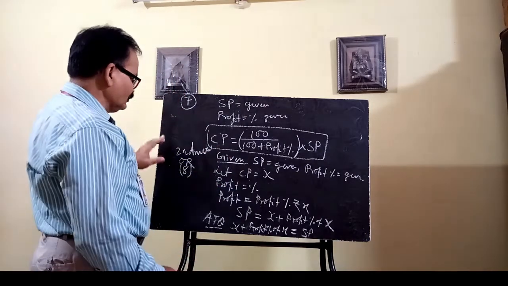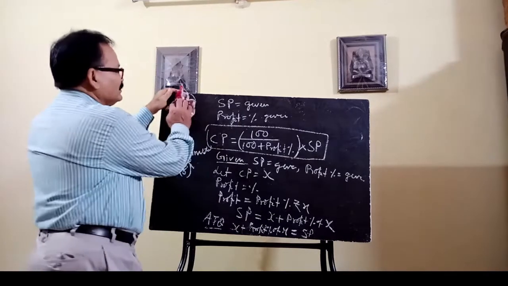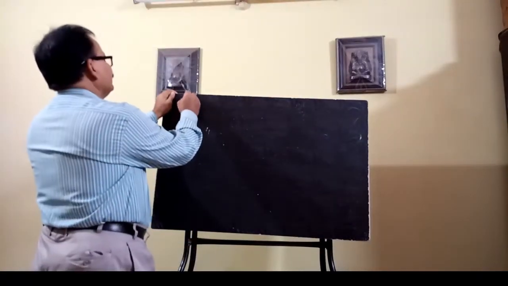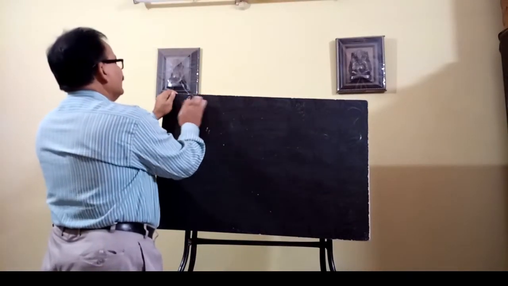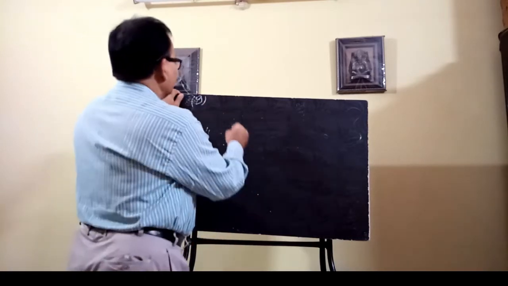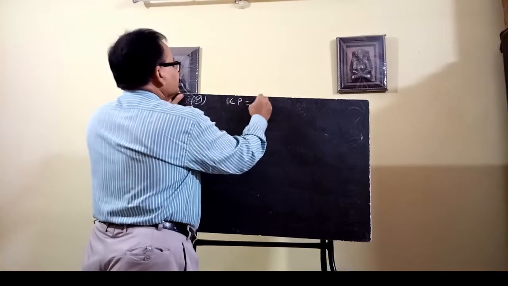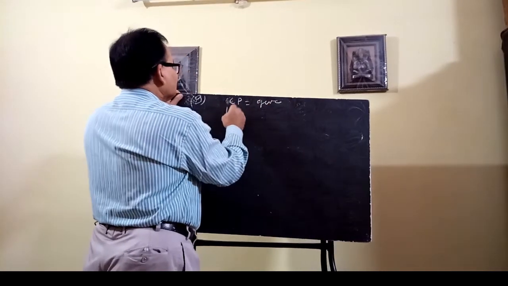For next rules, you can take it as rule number 8. Okay, say rule number 9, formula number 9. In this case, say CP is given, loss percent is given.